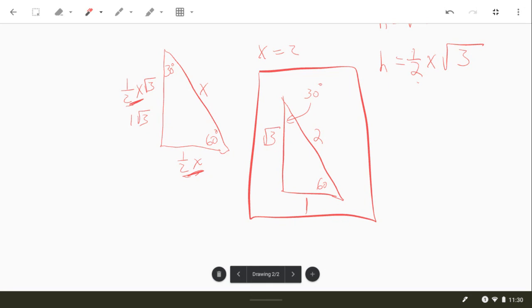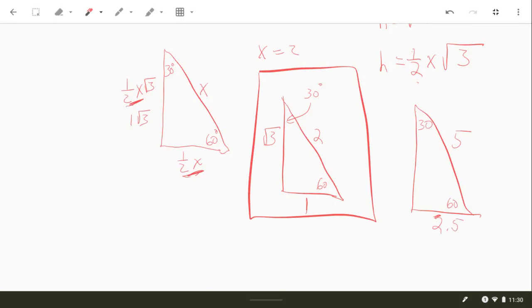And the way that they use it is, let's say you know that you're dealing with a 30, 60, 90. Well, if you know that this hypotenuse is equal to 5, then you can figure out the other pieces. You would know that the one down here is going to be exactly half of 5, so it'd be 2.5.